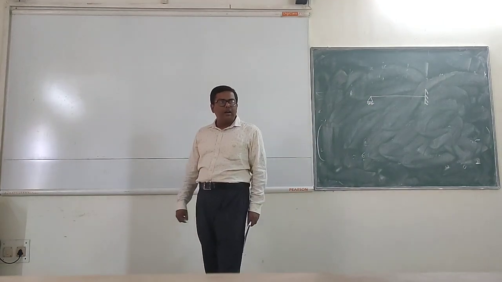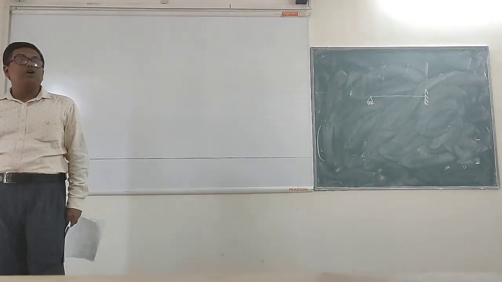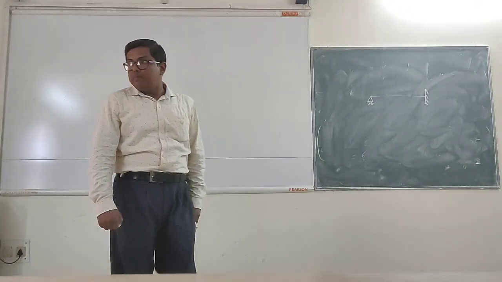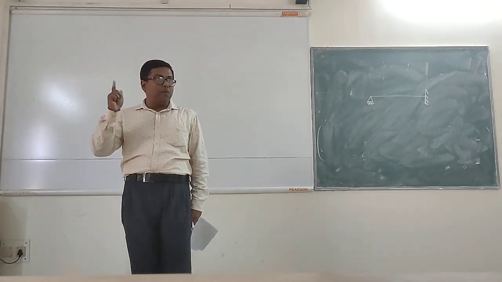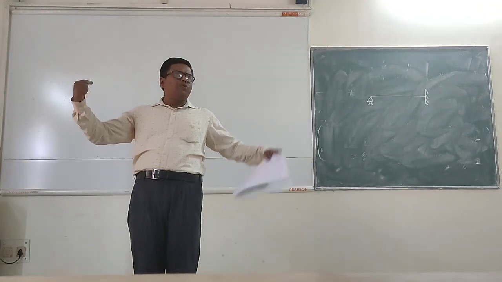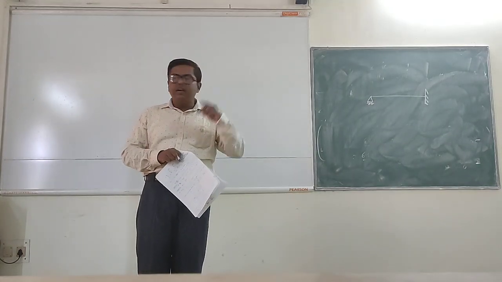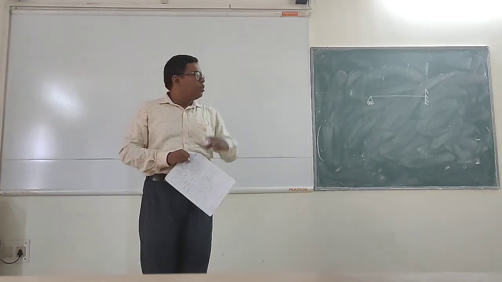Which kind of cantilever is this called? This is called a propped cantilever, right? And this is not a determinate structure, because a cantilever beam is a determinate structure. You have three reaction components, or if you neglect the horizontal reaction component, then you have two reaction components and two equations of statics.